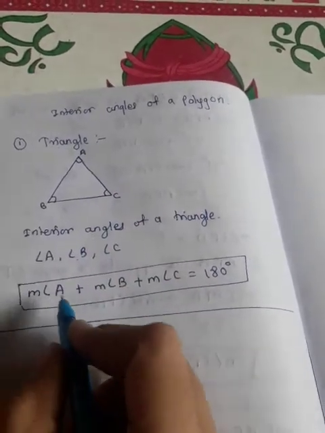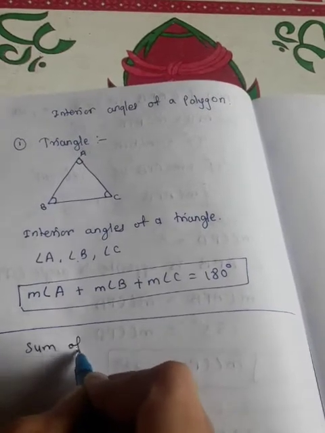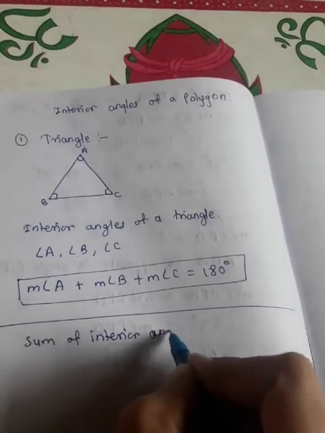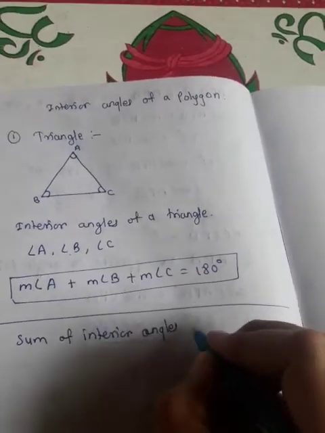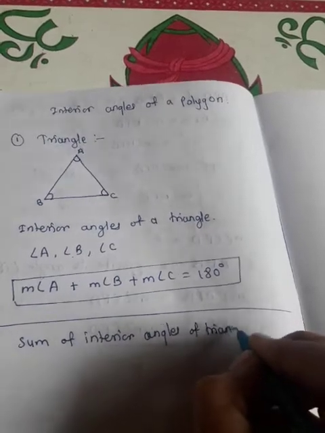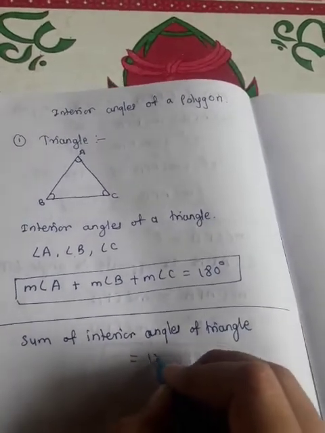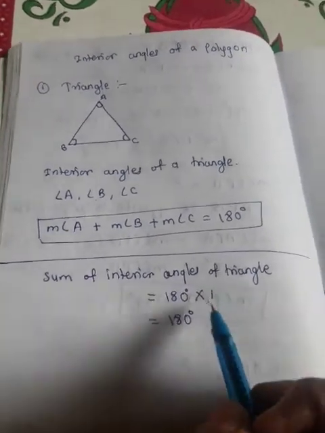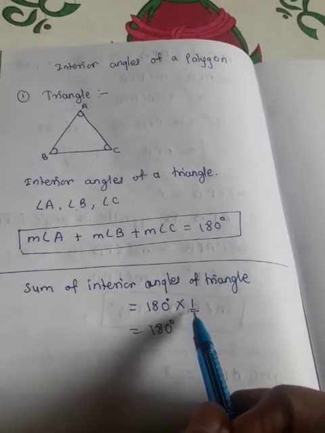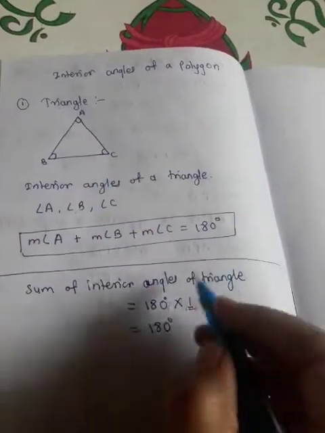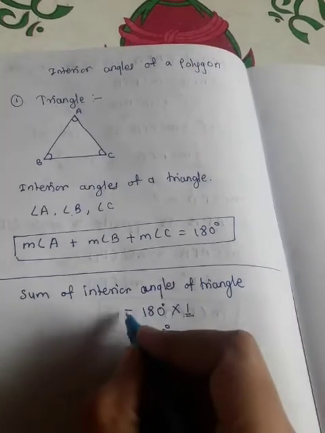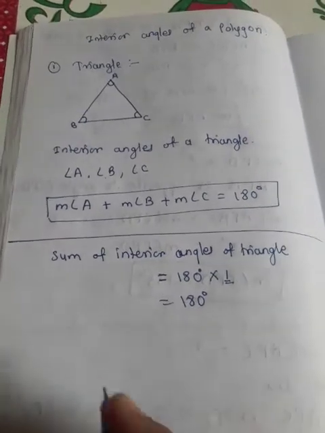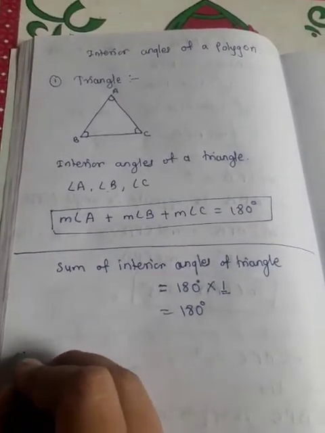So the sum of interior angles of a triangle is 180 degrees into 1, that is 180 degrees. Here 1 means the number of triangles. Okay, now let's see the second polygon.